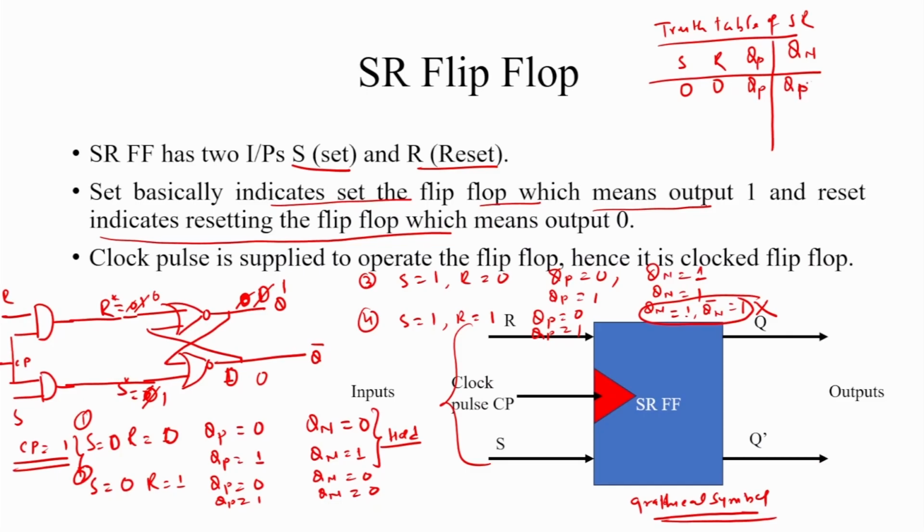For 0, 1, whatever the value of QP, the output is always 0, that is a reset. For 1, 0, whatever the value of QP, the output is 1, that is a set state. And for 1, 1, whatever the value of QP, this is invalid.